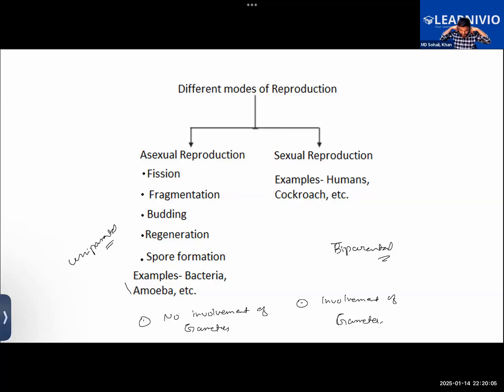Okay, Ibrahim. See, reproduction is basically a biological process by which a living organism produces offspring of the same species. There are two modes of reproduction.